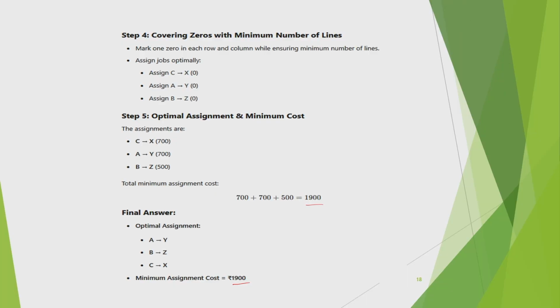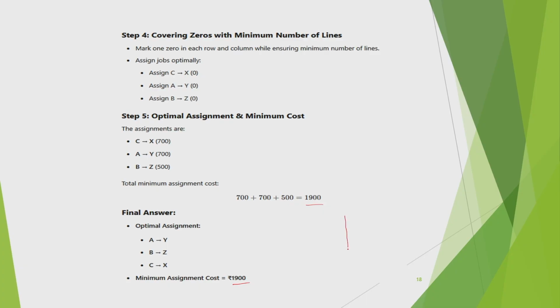Here is one point: if you have, let us say, 3 jobs and 4 machines, then what to do? Then you have to put a dummy column, and you can put the associated cost as 0.